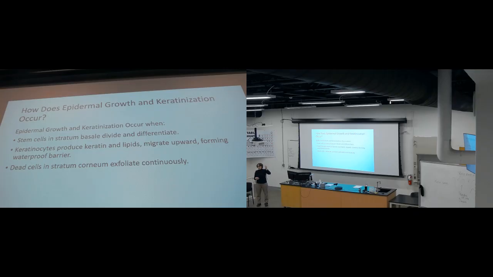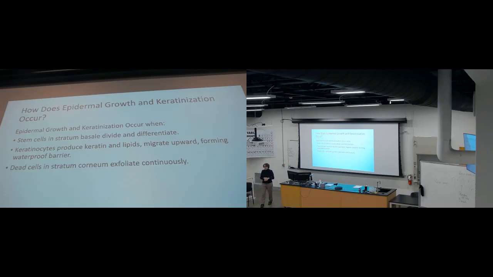And then to the stratum spinosum, and then they will move into stratum lucidum and then the corneum, if it's thick skin. But always keratinization happens from basal layers to superficial layers. From deep to superficial, that's the way. And then that process of flaking off the stratum corneum is called exfoliation.